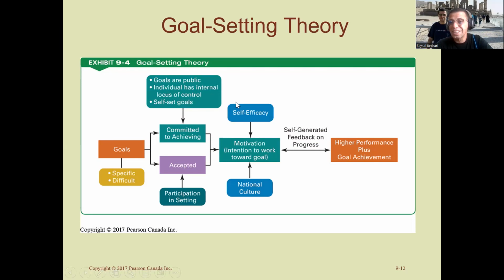There must also be self-efficacy and national culture that help you generate these goals. These two together, plus high performance and goal achievement needs, generate the intention to work toward the goal, which is motivation. So self-efficacy, national culture, high performance plus goal achievement, and goals already set up can give you that motivation to work.